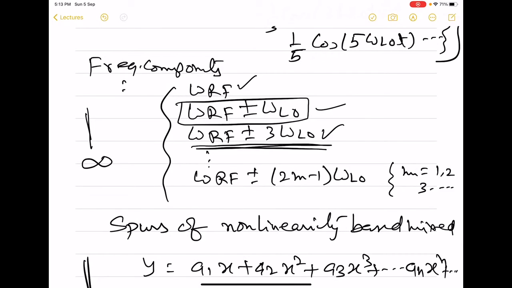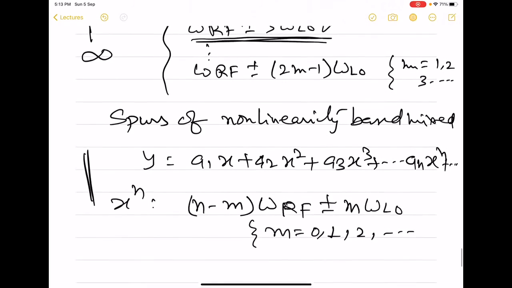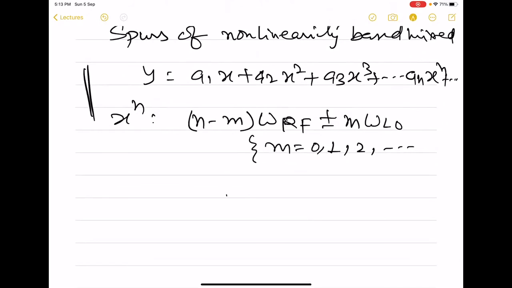So here there is a wide gap between the frequency components, and filtering out the desired one is going to be easier compared with the nonlinearity-based case, where the frequency components are all going to be very close to each other. So that is why switch-based mixers are more preferred compared with the nonlinearity-based ones.